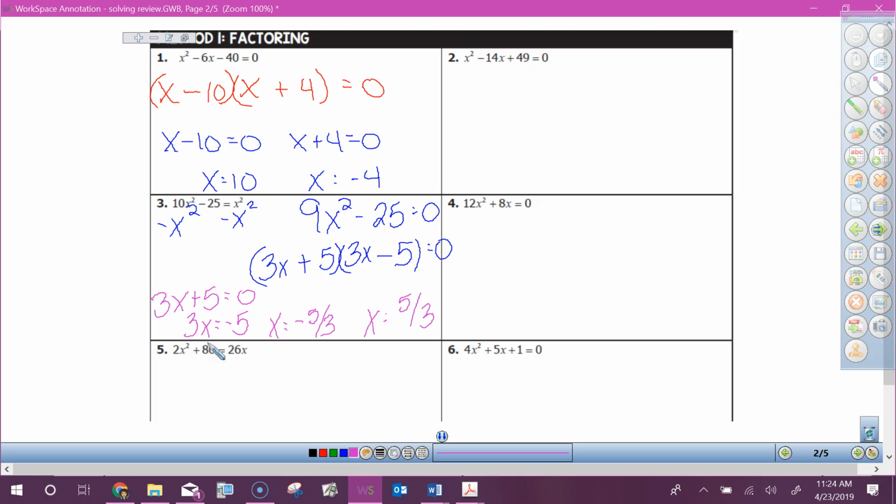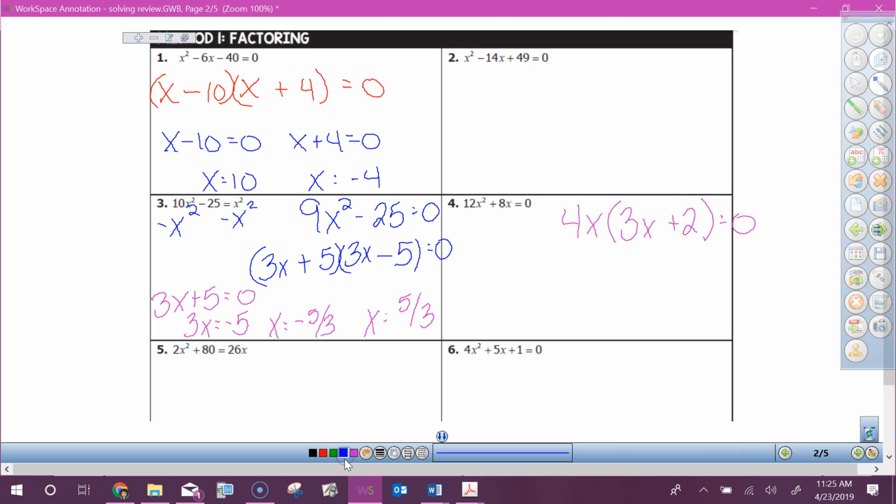Okay. All right. We do have to talk about number 4 because sometimes you get them when there's no C value, and then that confuses us. What do I do in number 4? Take out a what? And what else? Take out 4x. What do I have left? 3x plus 2, yeah.